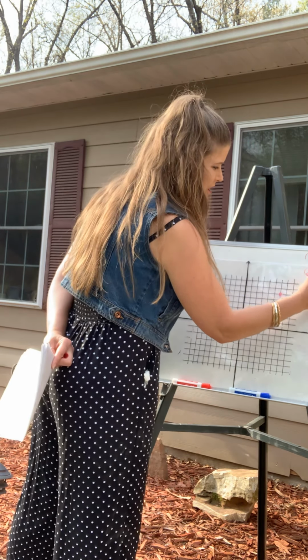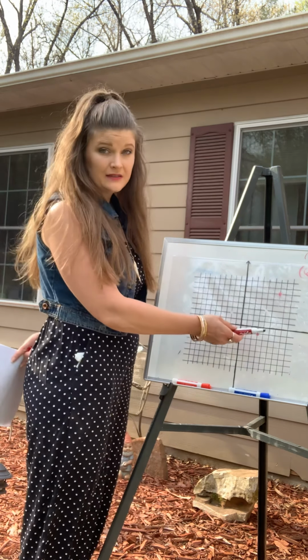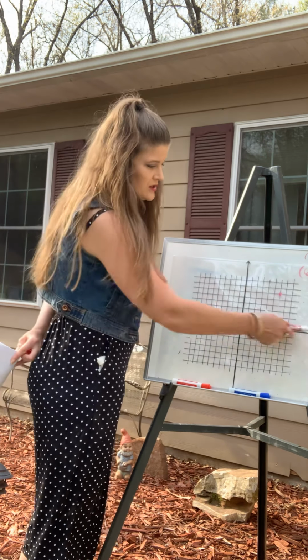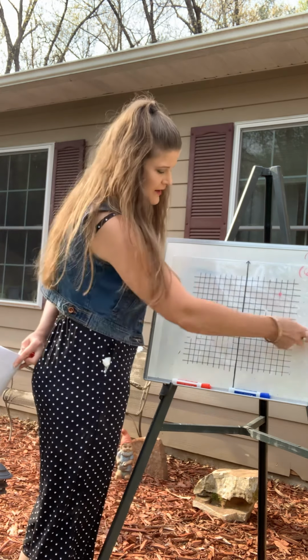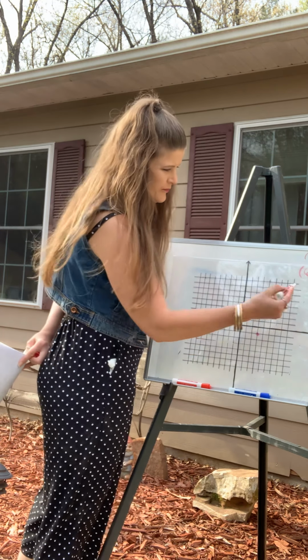All right? And what if I gave you a dot right here? Well, how many places from the origin is this dot? Starting with the x, which is left and right. From the origin, we go over 1, 2, 3.